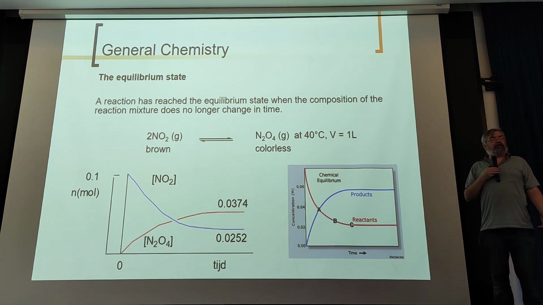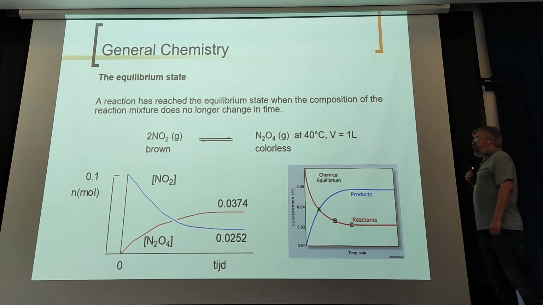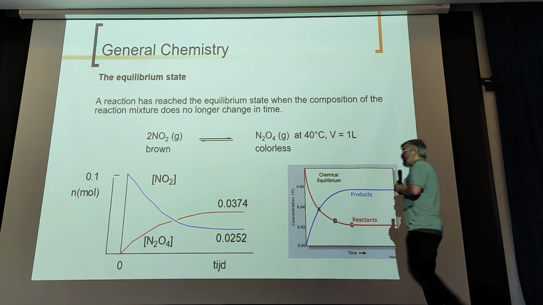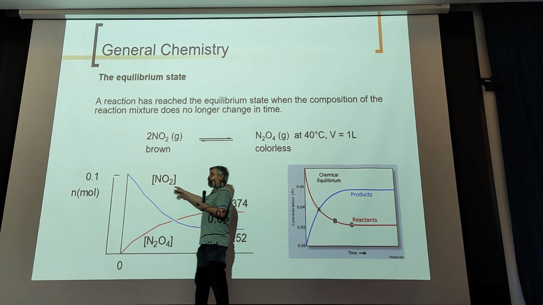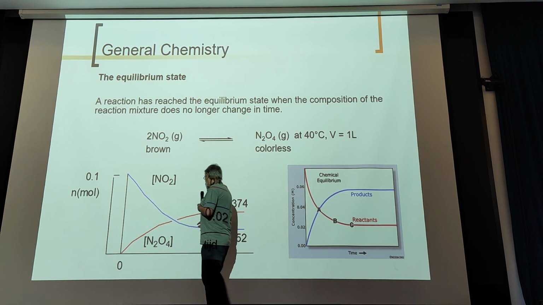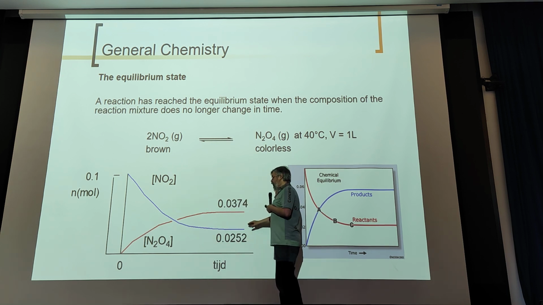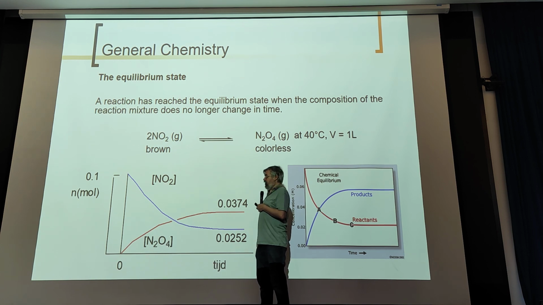N2O4 is colorless, so we can actually see the difference between the two gases. Now, if you look at the function of time, this should be time, I'm sorry I used the Dutch, we can start from pure NO2. And then as time goes on, you will see that it goes down, down, down, but at a certain point, more or less around here, it stays the same.